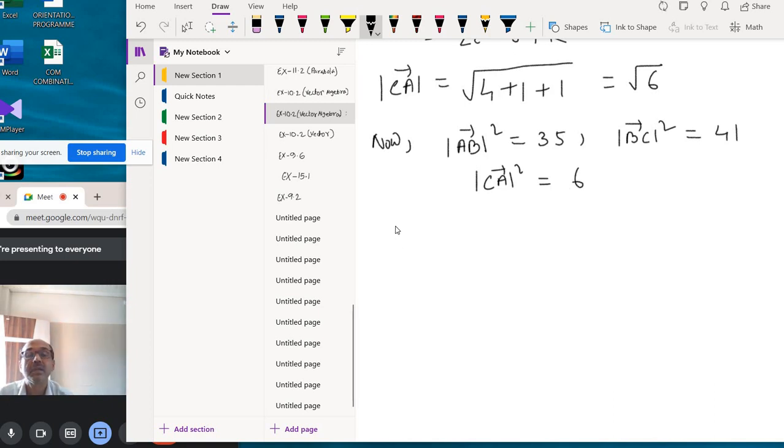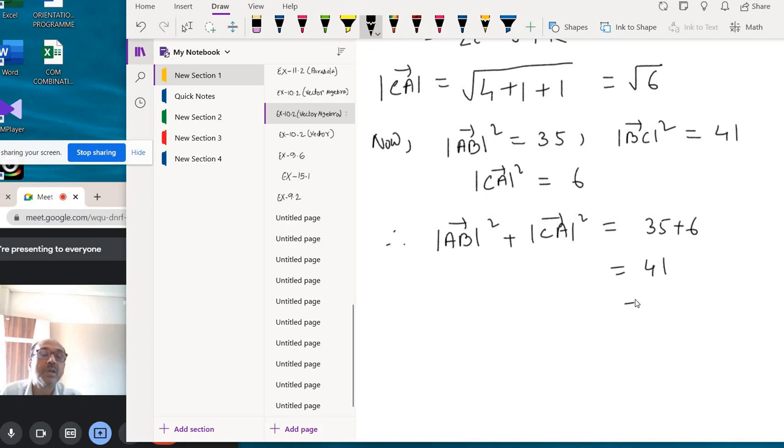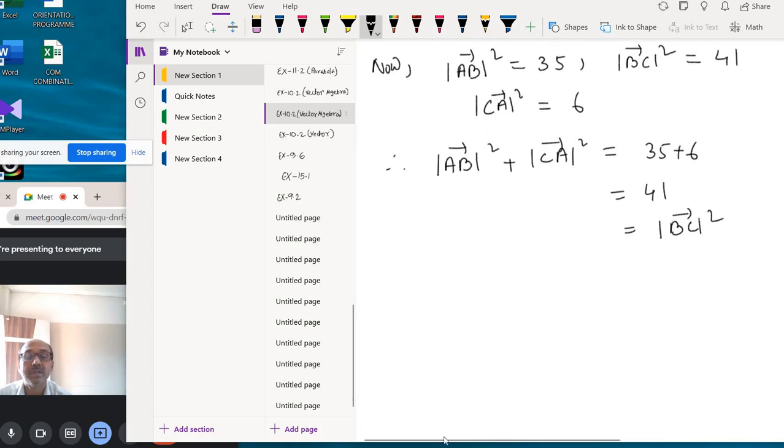Okay, therefore AB square plus CA square equal to 35 plus 6. 35 plus 6 is 41. And 41 equal to BC square.